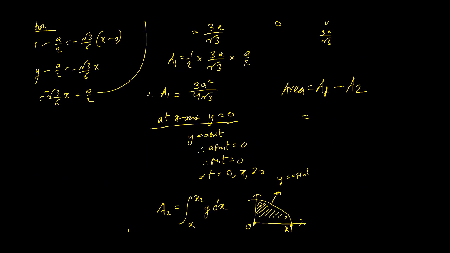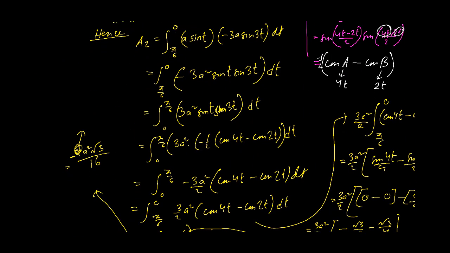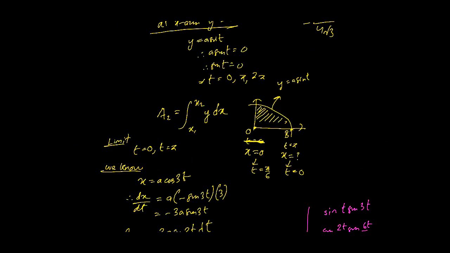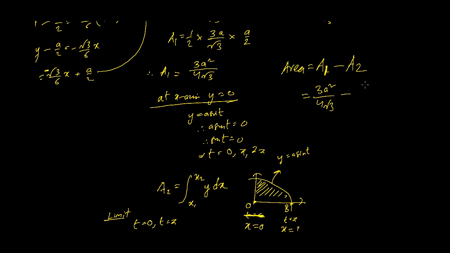So A1 was 3a squared divided by 4 root 3 minus, what is this? I cannot even read this. This is 3a square root 3 by 16, minus 3a squared by 16 root 3.